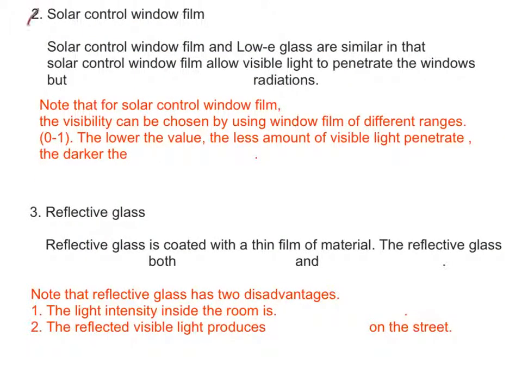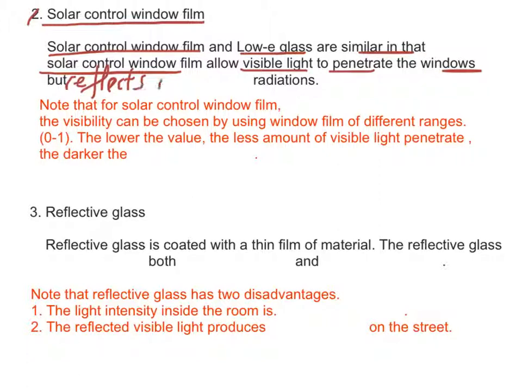We can also use solar control window film. A solar control window film and low E glass are similar in that solar control window film allows visible light to penetrate the windows, but it reflects infrared radiation and ultraviolet.